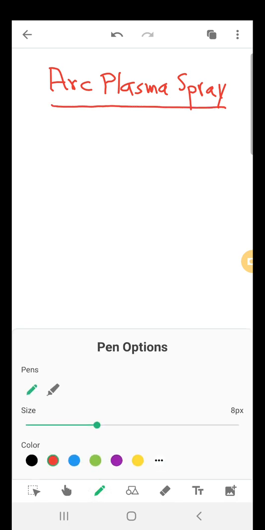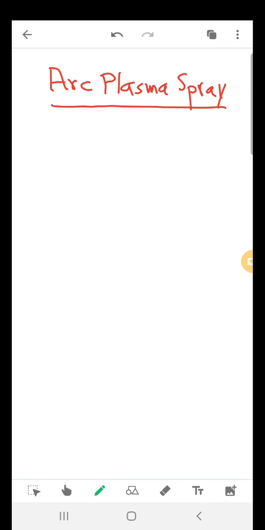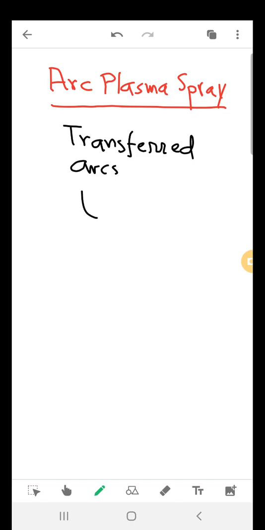Now in arc plasma spray, the arc is basically transferred. So we have a transferred arc, and there is a workpiece on which the arc is being produced, and this workpiece is the anode.